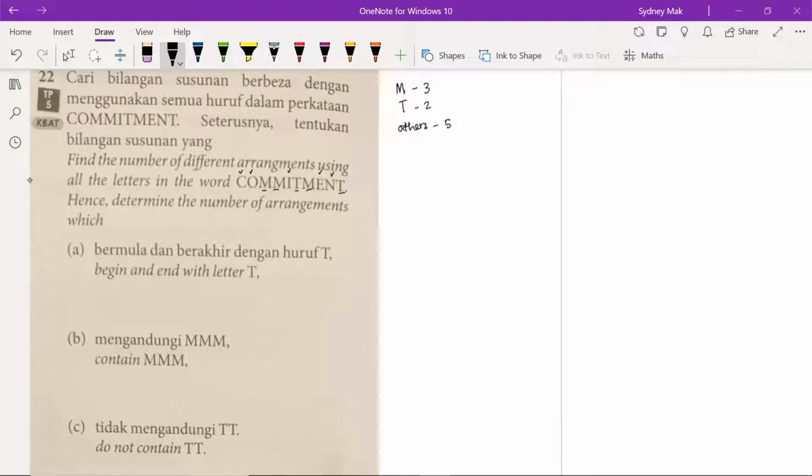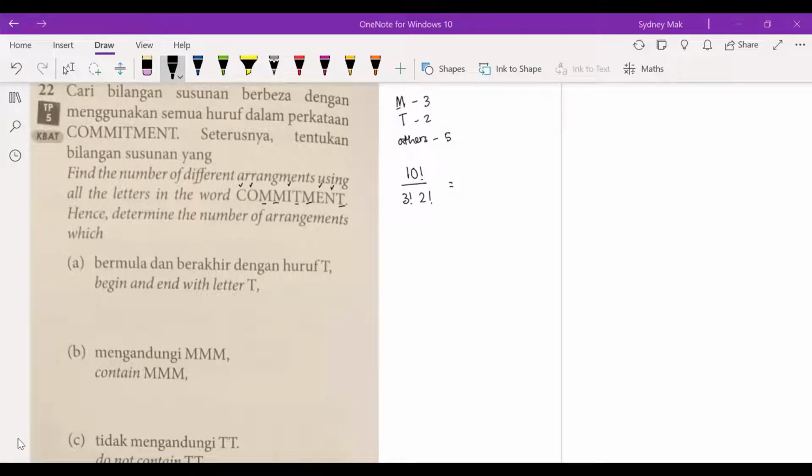Okay, set. So we need to find a different arrangement using this. Therefore, for the arrangement, that will be 10 factorial. And because we have the identical item of M, we have to divide by 3 factorial. And T, so we have to divide the whole thing by 2 factorial.